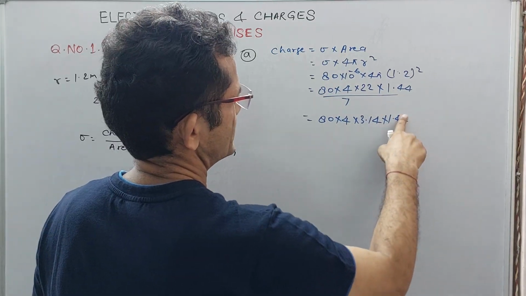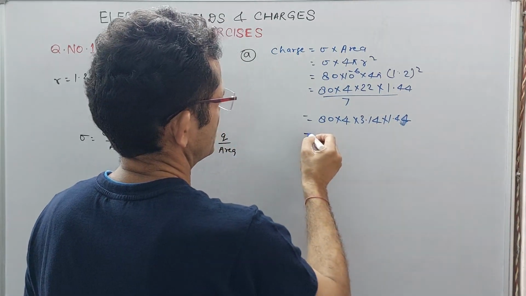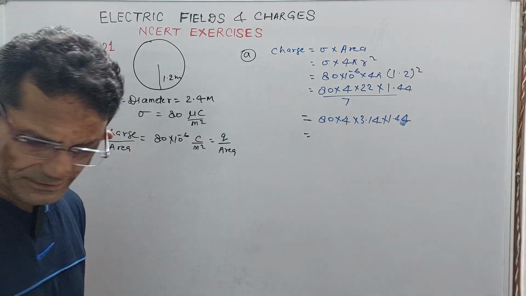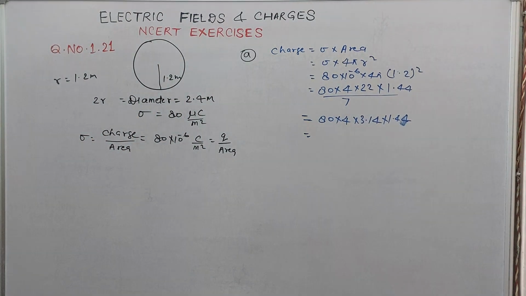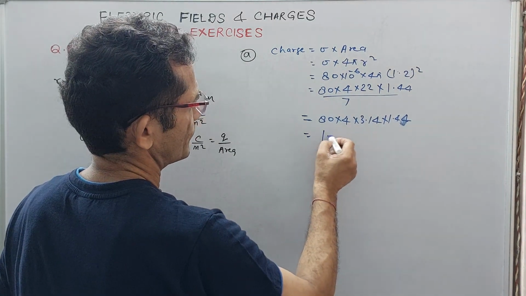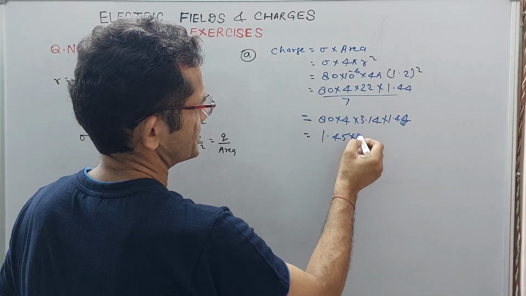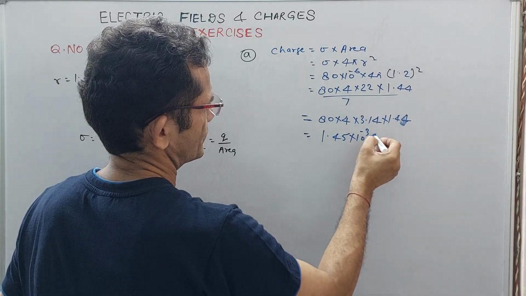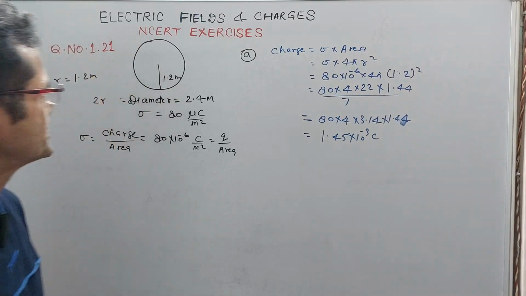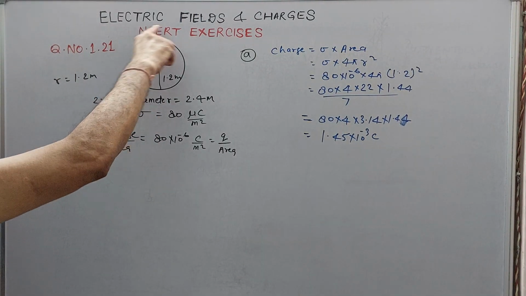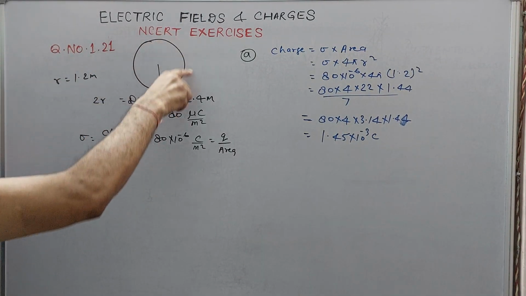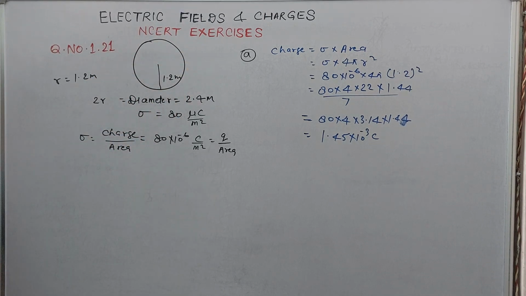After calculating this, just multiplying all constituents, the value comes out 1.45 times 10 raised to the minus 3 coulomb. So this charge is positive, and the charge remains on the outer surface because this is a conductor.